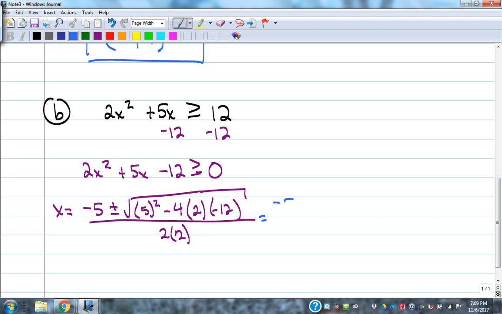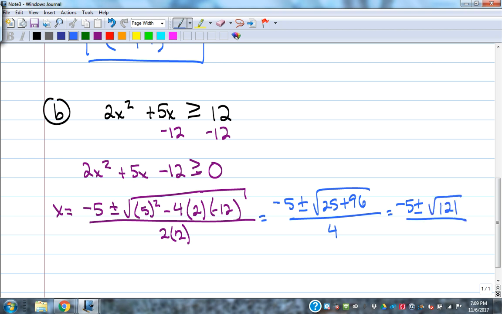So that'd be -5 plus or minus the square root of 25, -4 times 2 is -8 times -12 would be positive 96. 25 plus 96 is 121, which is a nice number because the square root of 121 is 11.